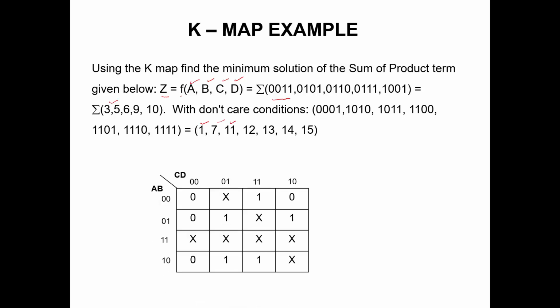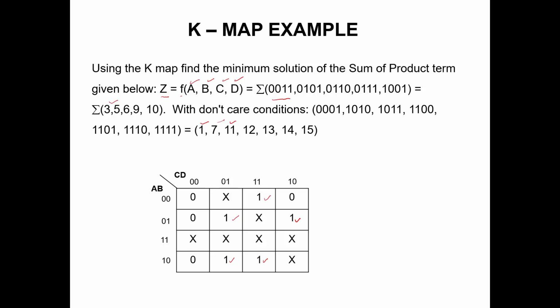We have formed one K-map as we have discussed earlier. Now we have to group. Now we are having one here, one here, one here, one here and one here. Each and every one must be in one of the groups. If I want to make a group of 4, I can take these two ones.